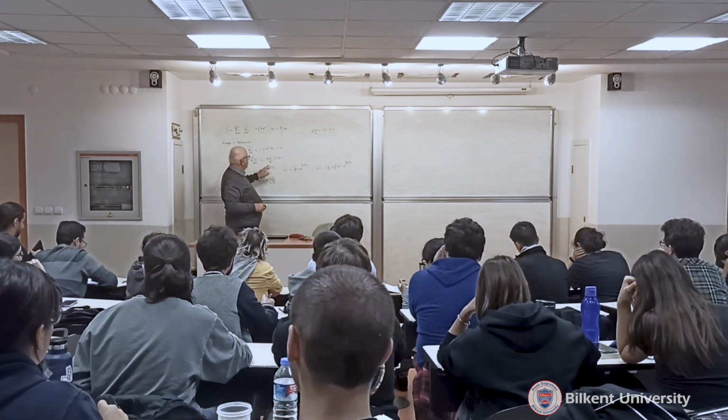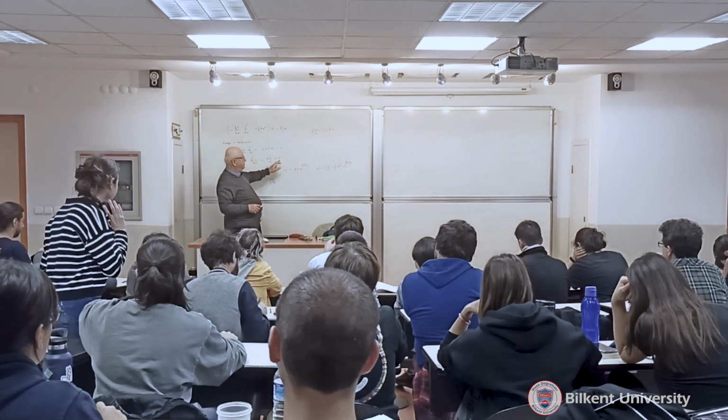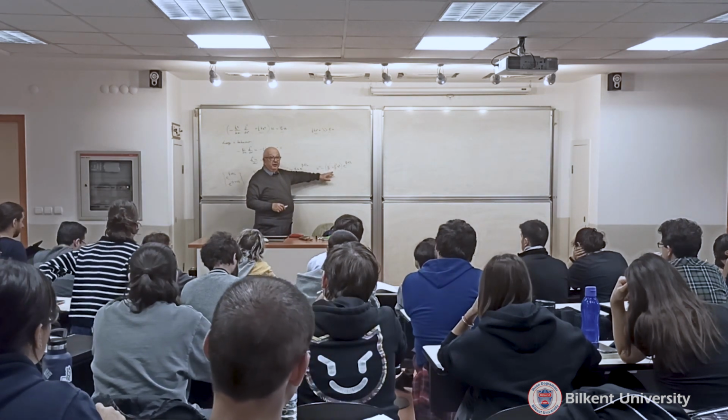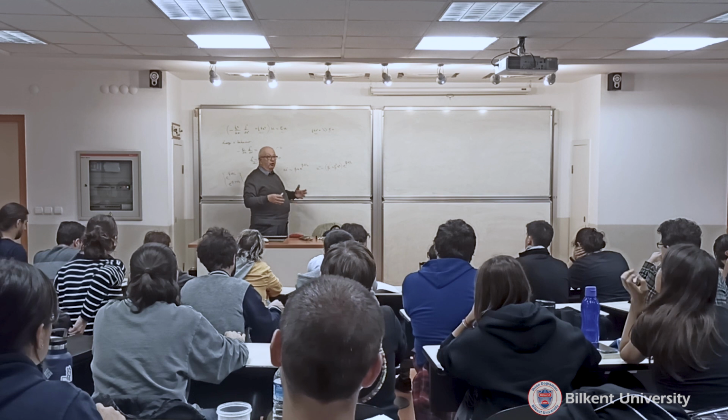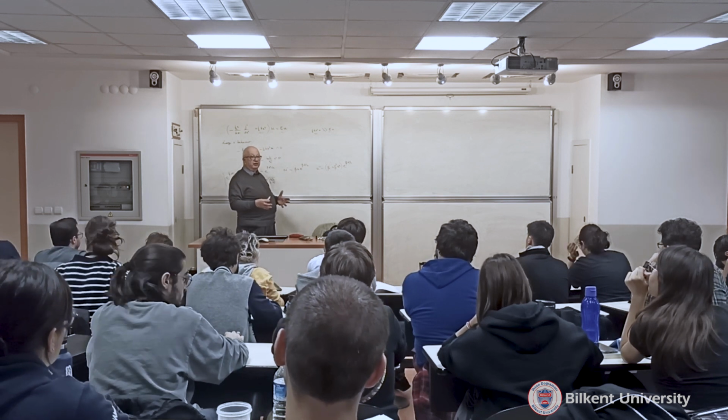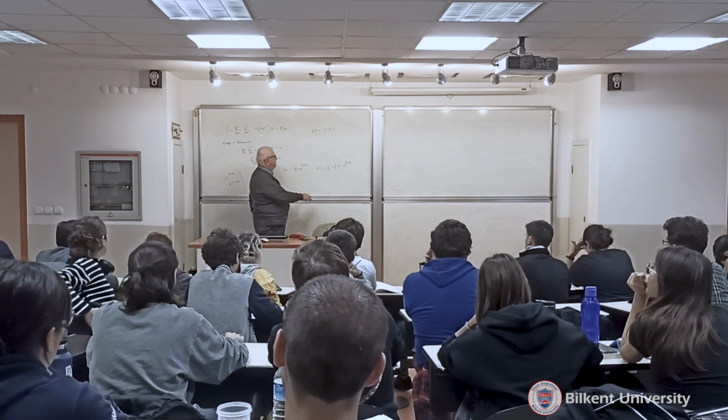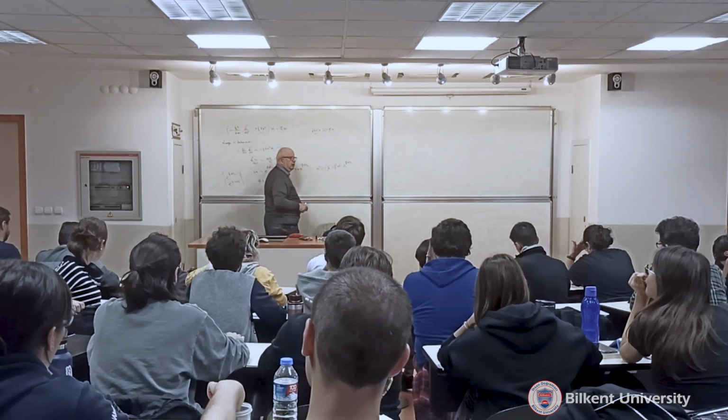This is not the solution to that. As you can see, the solution is really this. But for sufficiently large x, this is going to be a very good approximation.